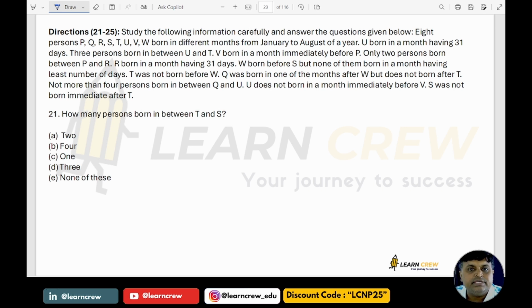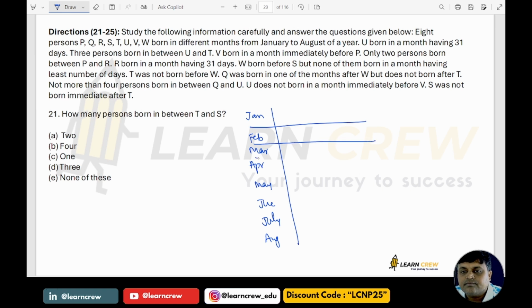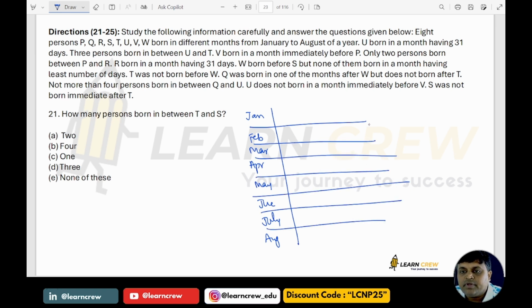So January to August, you have different months given: January, February, March, April, May, June, July, August. 8 months are given.